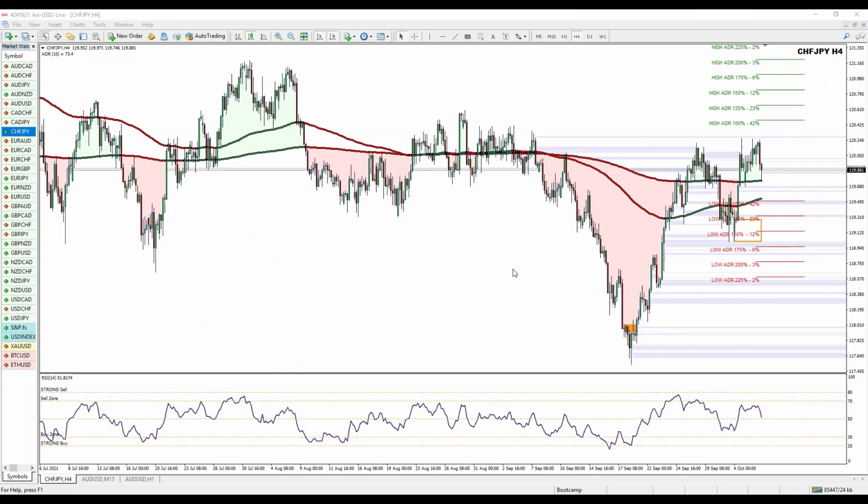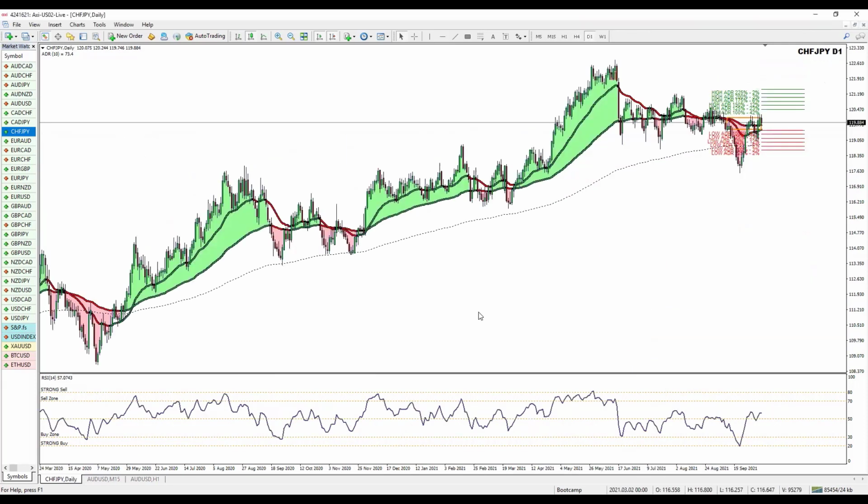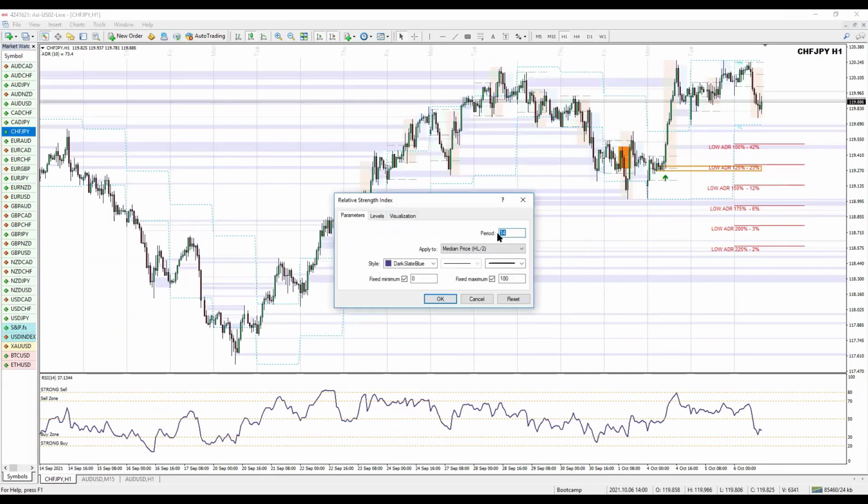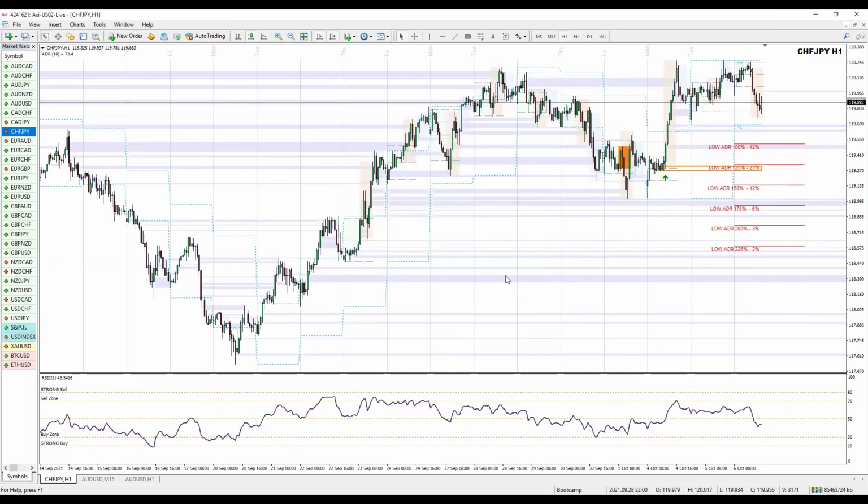So I use the 14. The last 14 periods, last 14 candles on the 4-hour chart and on the daily chart. On the lower time frames, like hourly and below, I switch over to a 21. Look at the difference between the 14 and the 21.